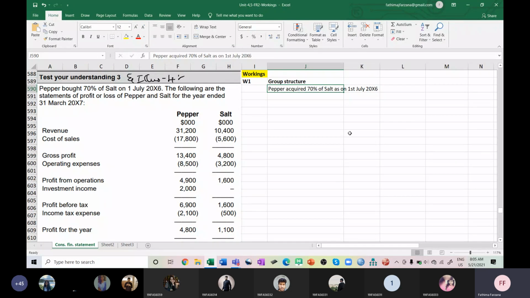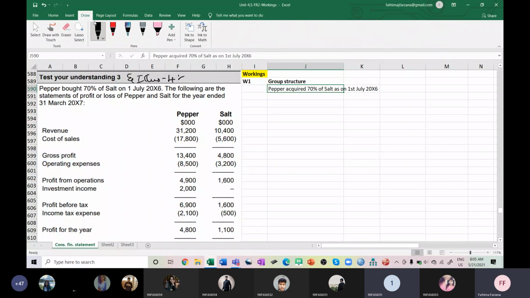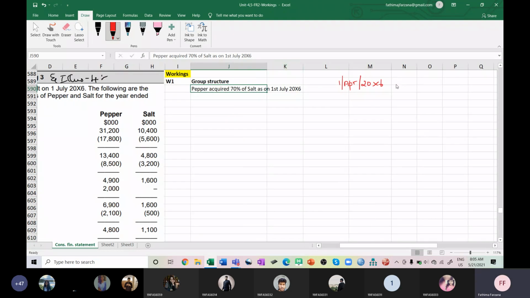Now it's very important: when is your financial statement ending? 31st March 2017. So what's the beginning? 1st April. The year also matters. 2006, and it ends on 31st March.